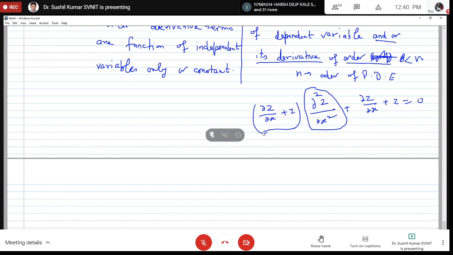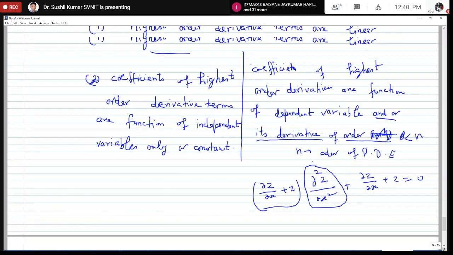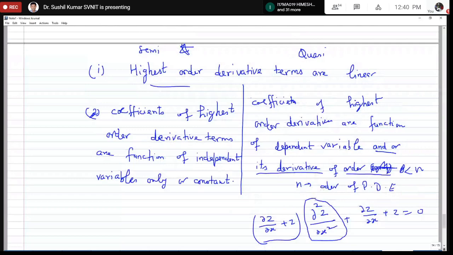If we have them, the equation will be highly nonlinear because this term will be of power 2 or more. So in the coefficient, we can have derivatives up to order n minus 1. Okay, so this is a definition, I have just extended it up to order n.